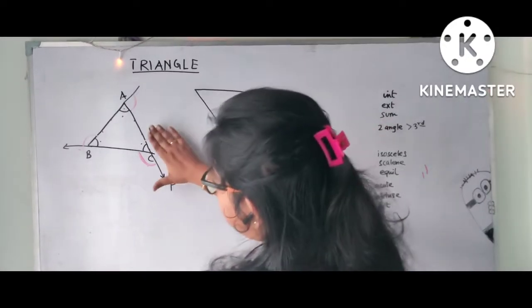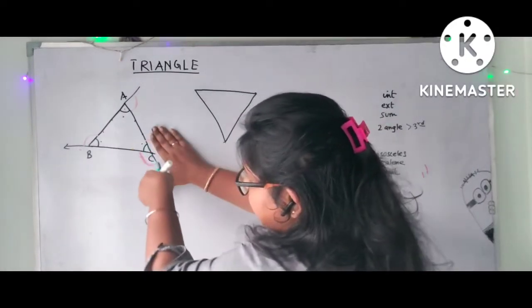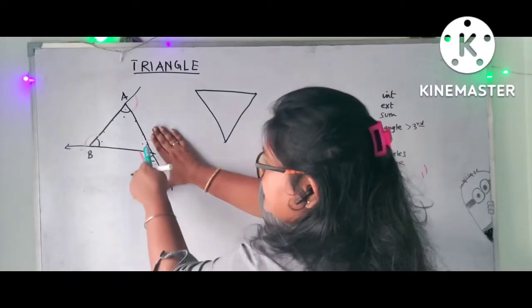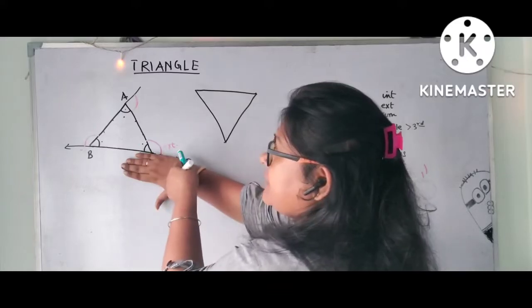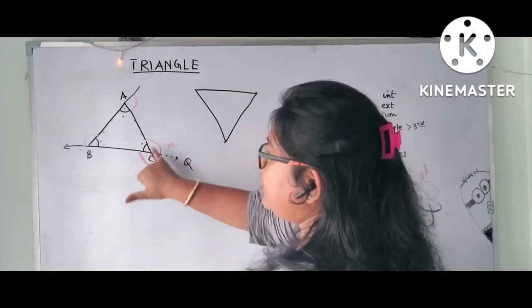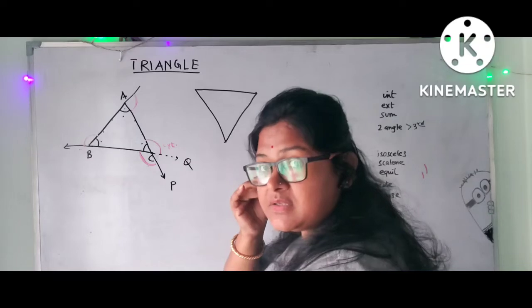If I omit this and I extend my line till this much, this is my exterior angle, and if I omit this, then this is my exterior angle. So one angle can have two exterior angles.